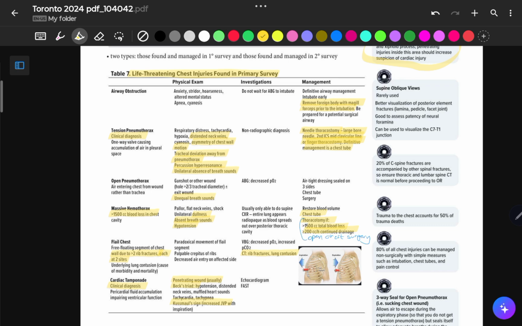On percussion, the chest is hyperresonant on the affected side, with unilateral absence of breath sounds on the affected side. They can also present with tachycardia and respiratory distress.